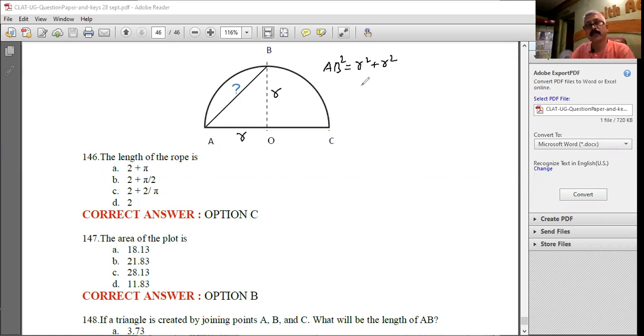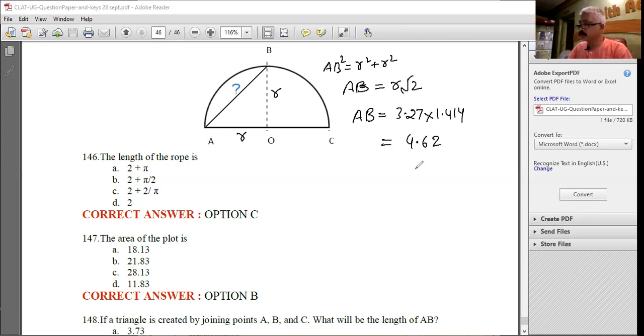So AB is going to be root of 2R square, means R root 2. And R you already calculated, 3.27 in the previous question. Value of root 2 is 1.414. So again, if you multiply, then it is coming 4.62378.